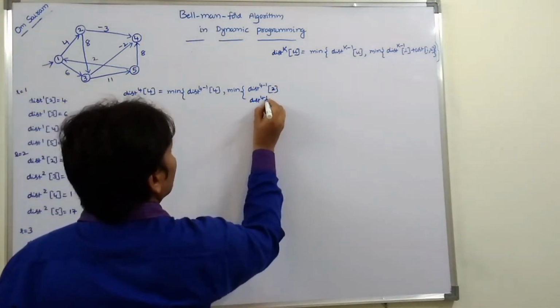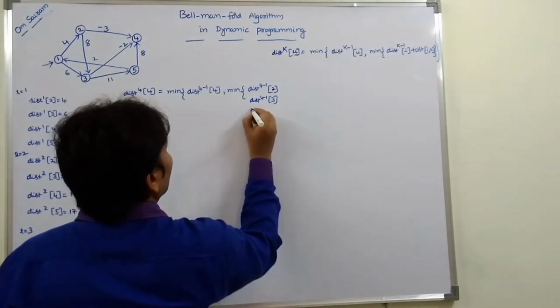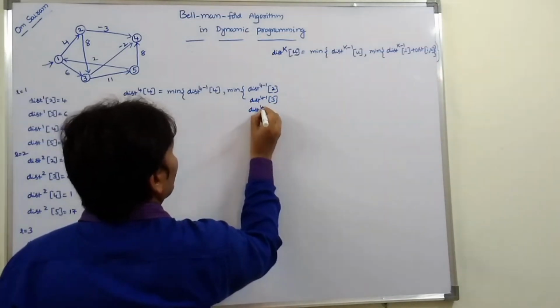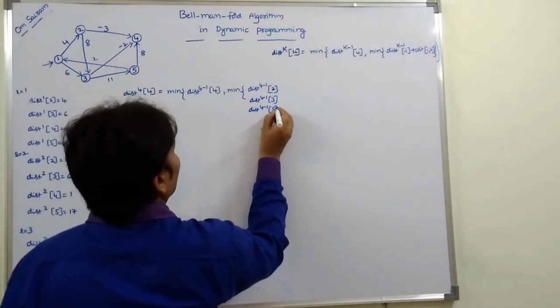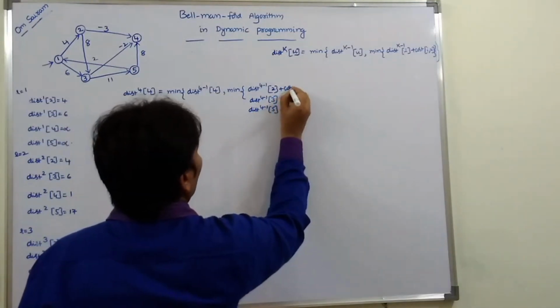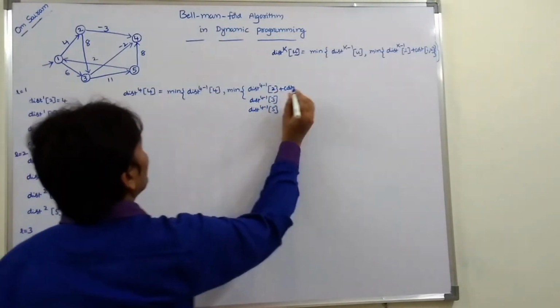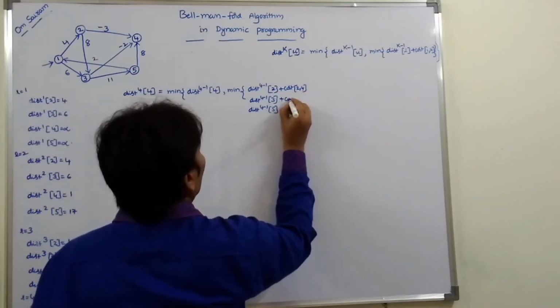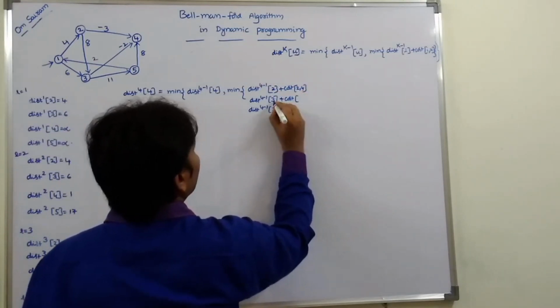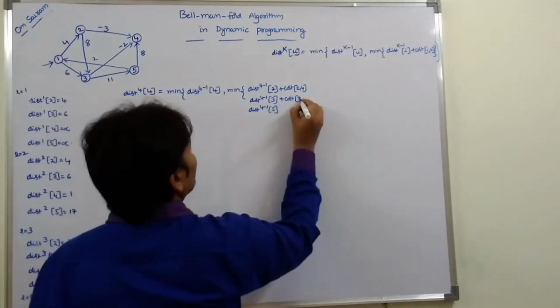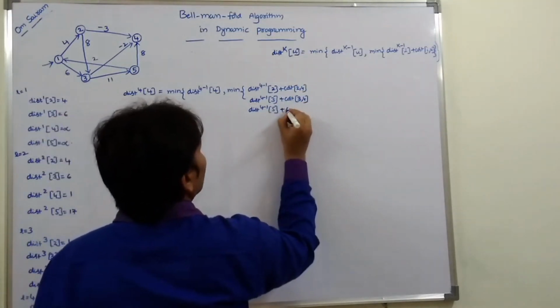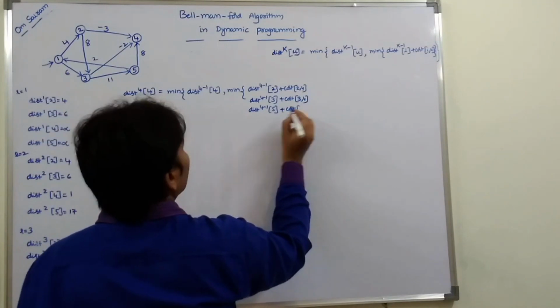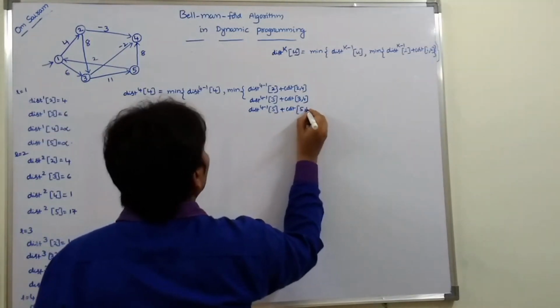DIST 4 minus 1 of 2 is 3, DIST 4 minus 1 of that is 5, plus cost of I value 2, u value 4, that is 2 comma 4, plus cost of I value 3, u value 4, that is 3 comma 4, plus cost of I value 5, u value 4.